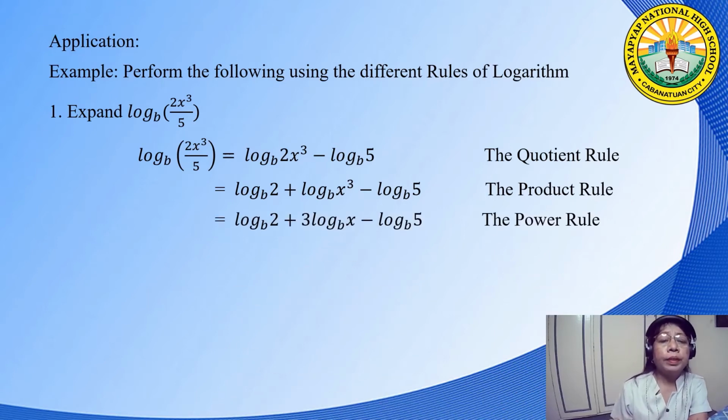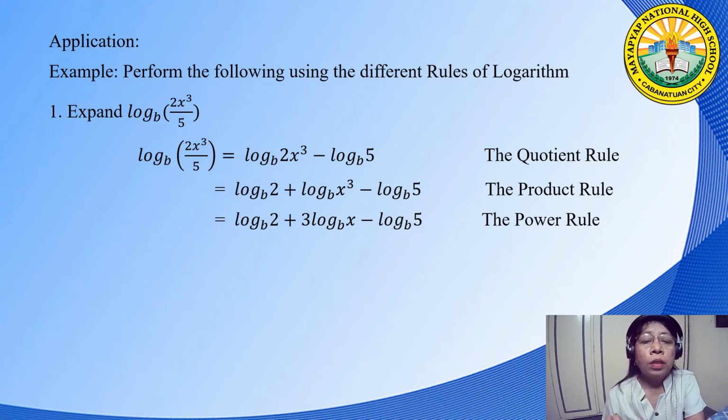Then you apply the power rule. So we have logarithm of 2 to the base b plus the exponent 3 multiplied by logarithm of x to the base b minus logarithm of 5 to the base b.